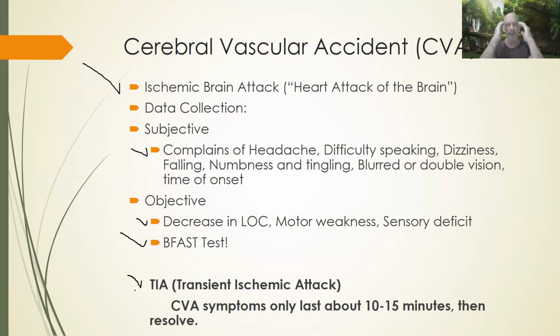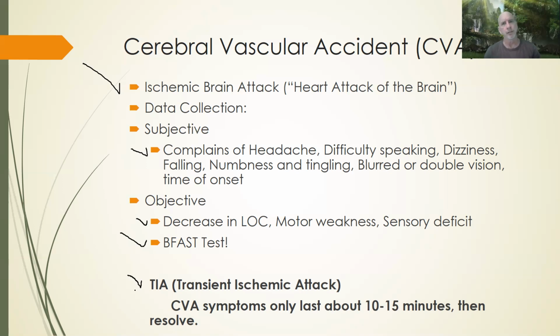It might be just loss of vision for a second. If it's an occipital CVA, they may have lost their motion. If it's a frontal, they may have had one side go weak for a minute, but now it's back. Any of the classic stroke signs, they come and then they go. We call that a transient ischemic attack or a TIA.